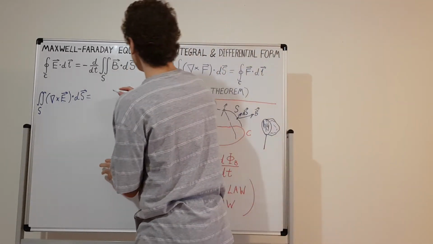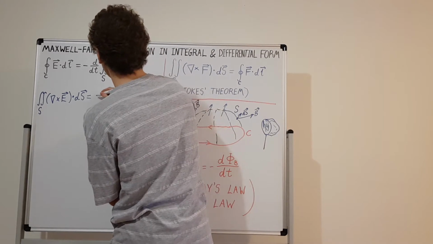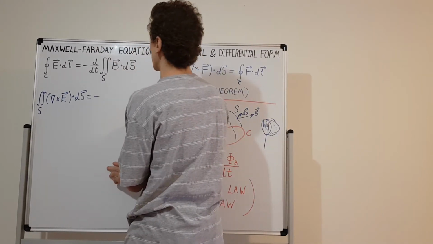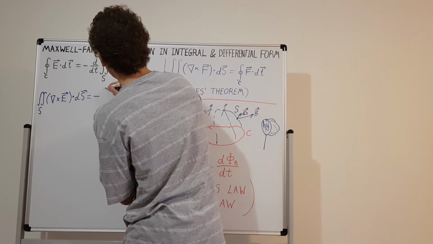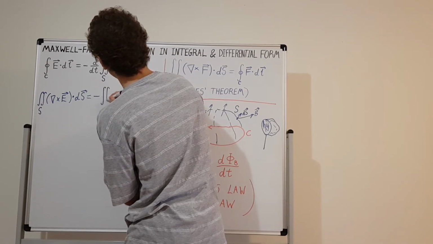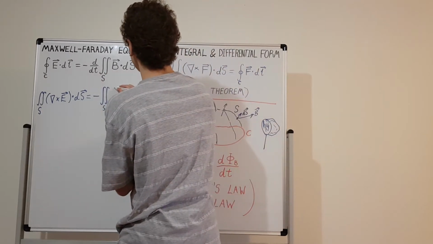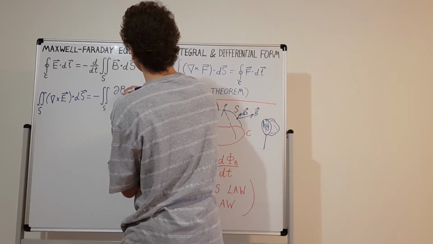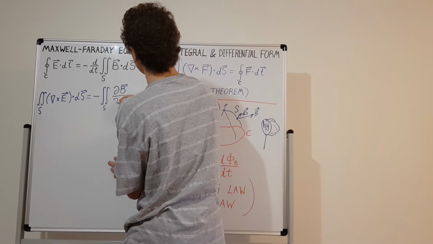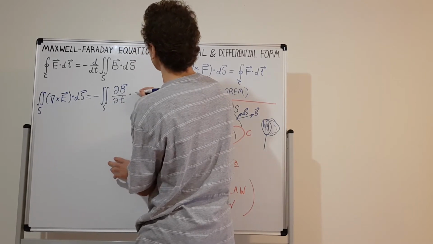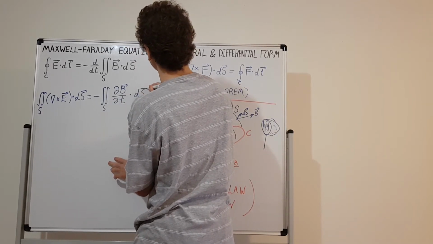So what is it going to be? What we're going to have is, I'll keep the minus sign outside for now. We're going to have a surface integral, the minus sign at the front, and then we'll move this in, and we'll have the partial derivative of the B field with respect to time, and we're going to dot with the dS.